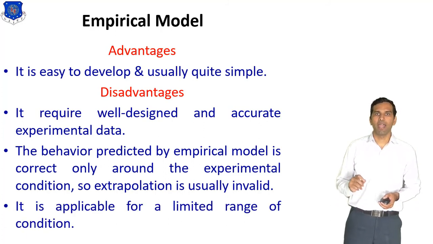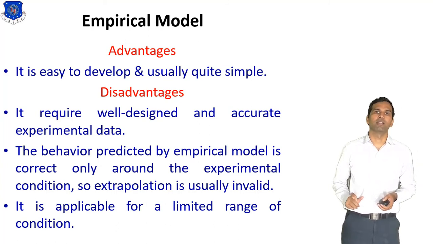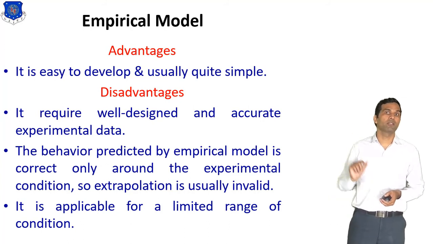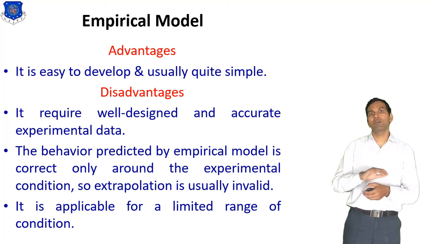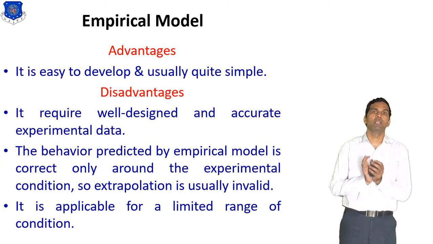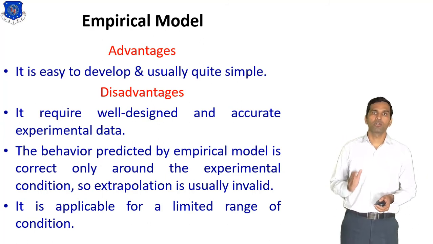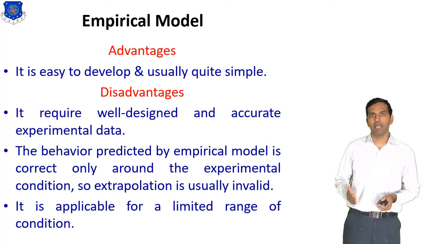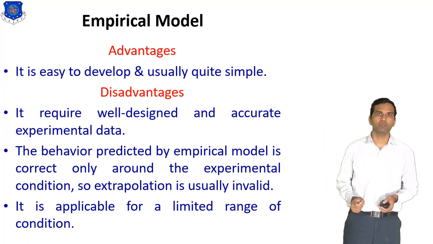The third disadvantage is that it is applicable for a limited range of conditions. We know the advantage of the white box model is that it is applicable to a wide range of applications, but this model is applicable only for a few limited ranges of conditions. So these are the advantages and disadvantages of the empirical model.